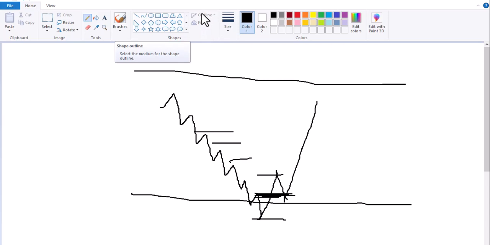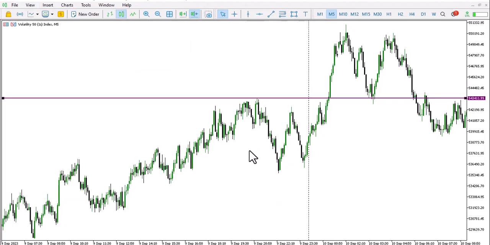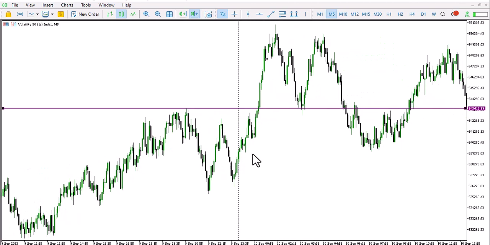Now let's go and look at the Volatility 51S. This is Volatility 51S, and the horizontal line that you are seeing here is yesterday's high, and price spiked through the high, as you can clearly see here. What we want to see here is price then breaking an order block or a breaker, as in this case.